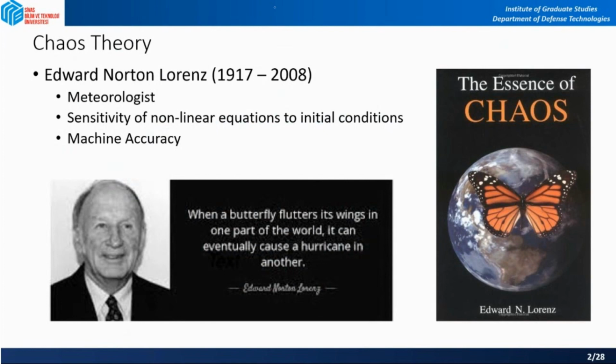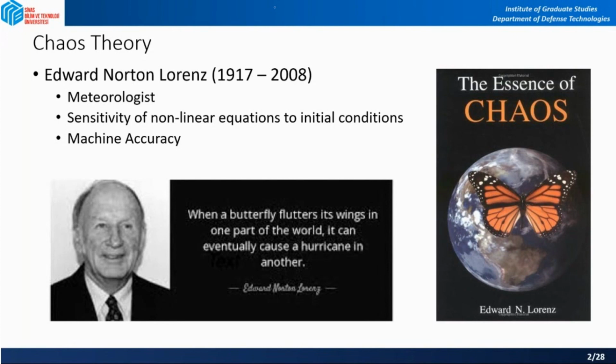So he was doing simulations and he was getting time variations of, for example, velocity, temperature, humidity, and things like that. Then, by pure accident, he realized that if he restarted his simulation, he was getting different data after a while.